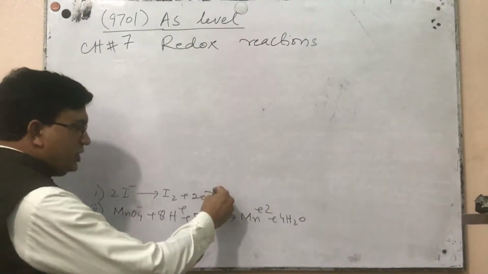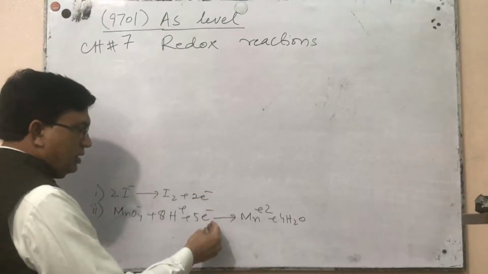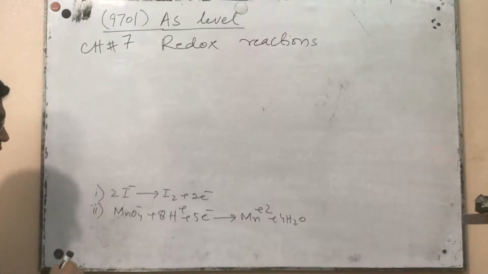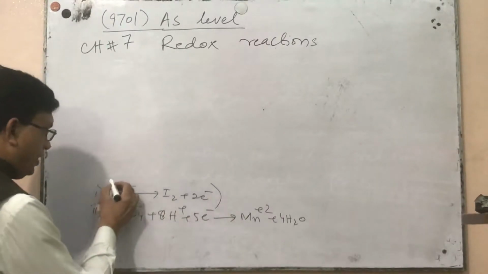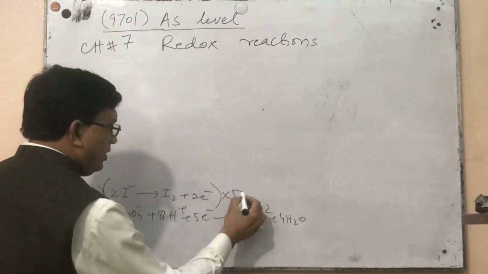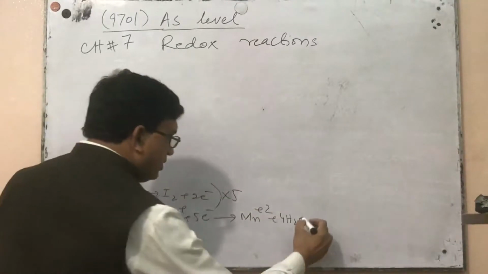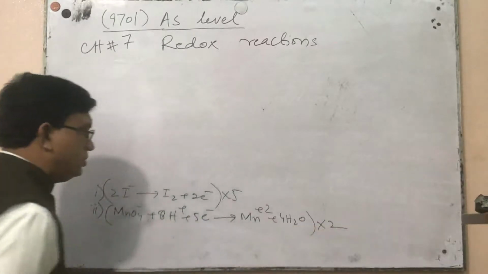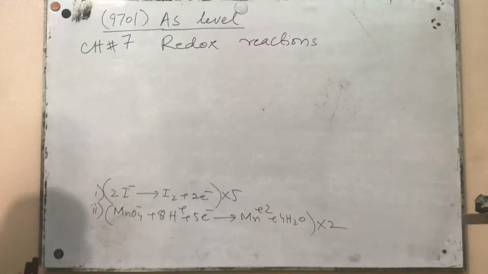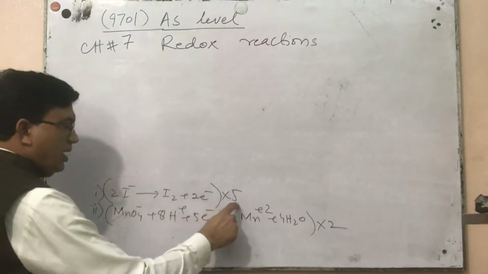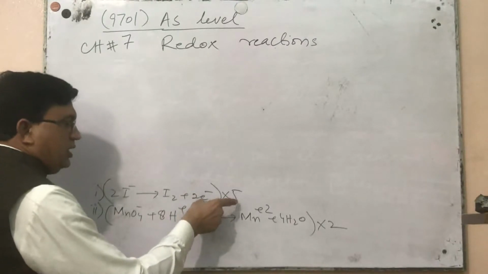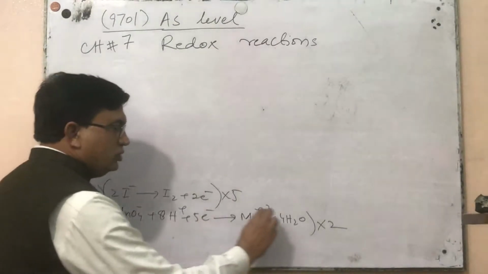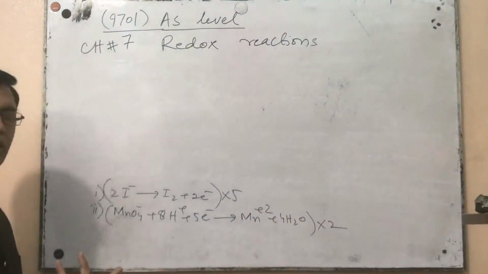If we want to balance, the first equation will be multiplied by 5, and the second equation by 2. Why? Because on multiplying 2 by 5, the electrons will become 10, and these 5 electrons on multiplying by 2 will also become 10.